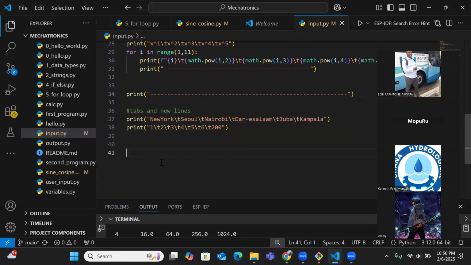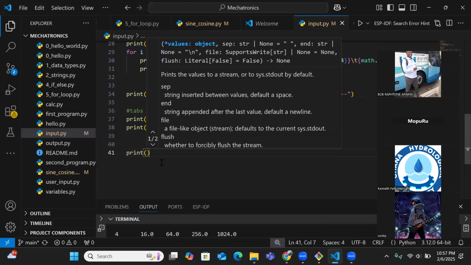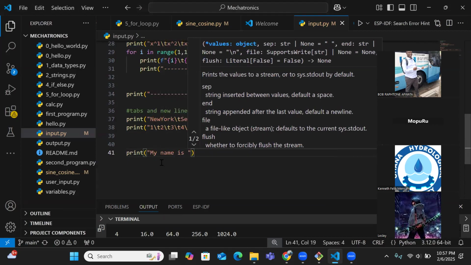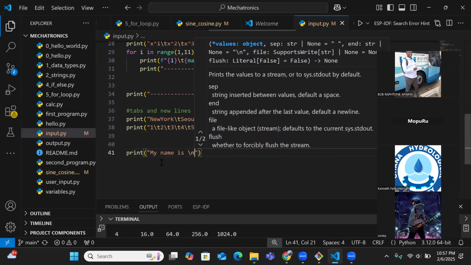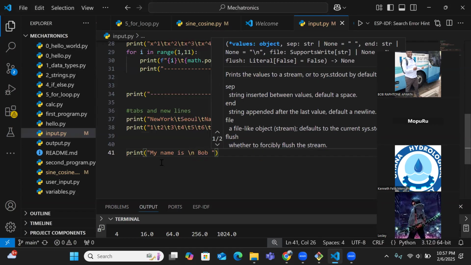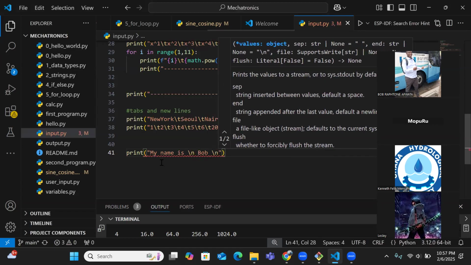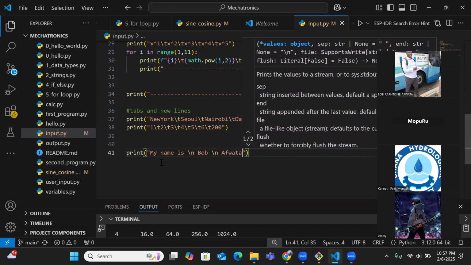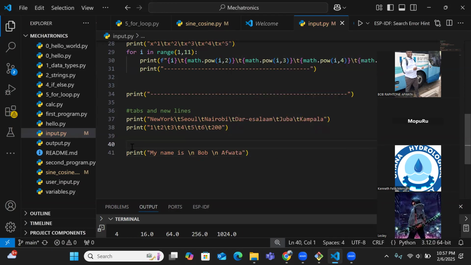So to print a new line, when you say print, say my name is, and then I say \n, Bob, \n, afuata.